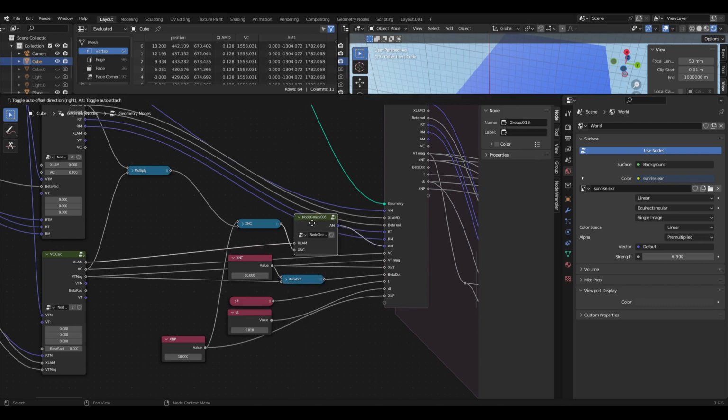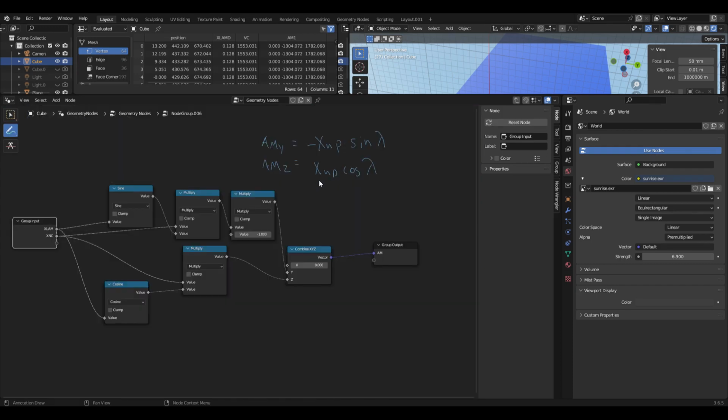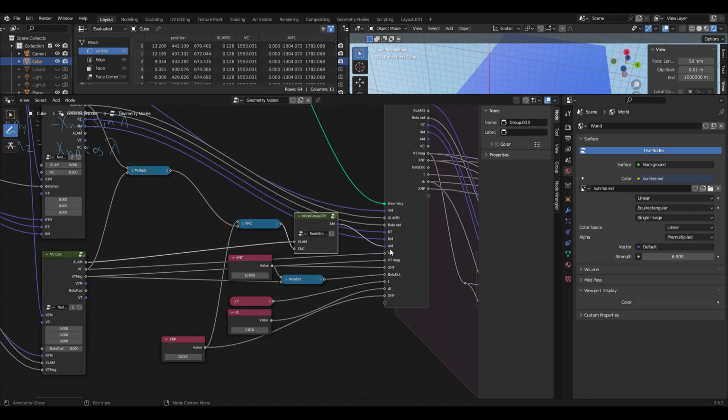And then after that, we're going to dive into the calculations for the acceleration of AM. And you can see that's just sine and cosine of the XLAM, and those are both multiplied by XNC. The y component has a negative sign on it, and then those are combined.